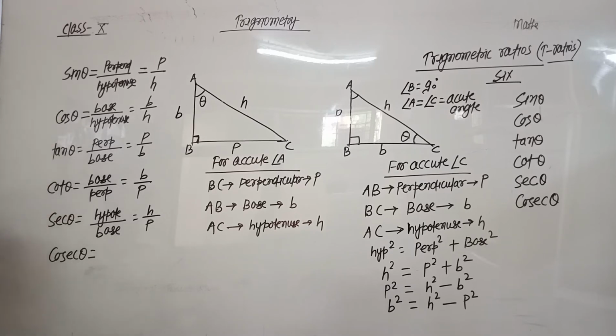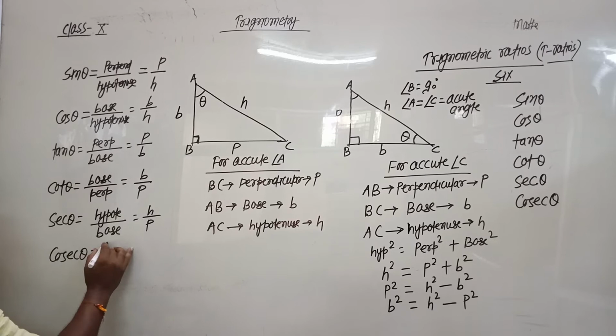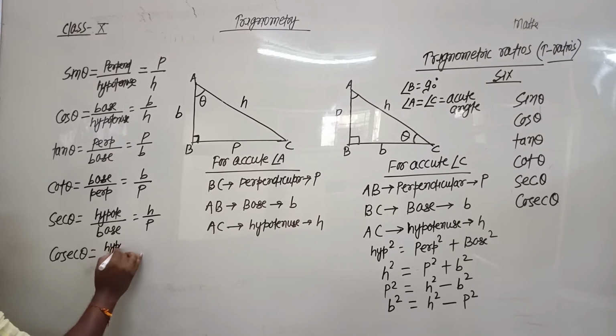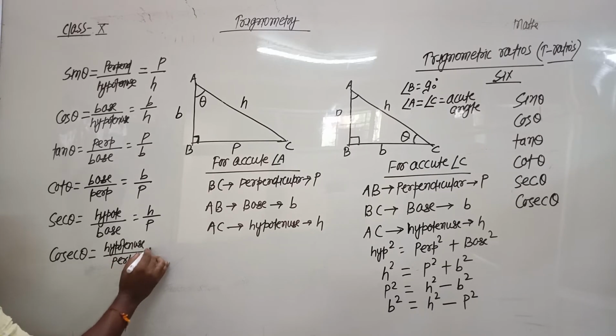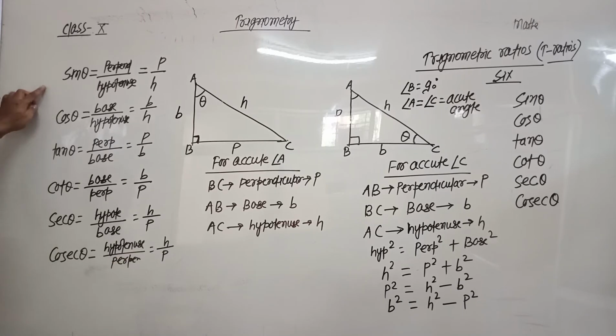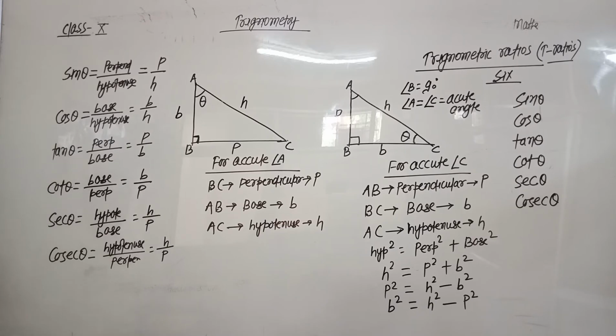Sin theta is perpendicular upon hypotenuse, so the reciprocal of this becomes hypotenuse upon perpendicular. So we have to learn only these formulas: sin theta perpendicular upon hypotenuse, cos theta base upon hypotenuse, tan theta perpendicular upon base.